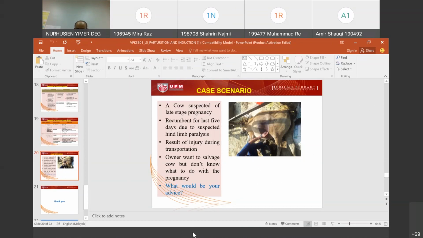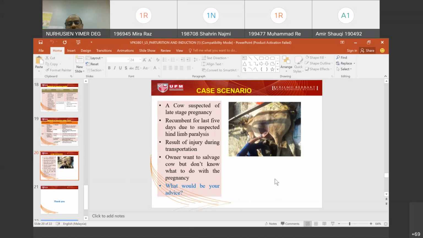It's not about just removing the fetus, right? You also need to judge whether, after you take out the fetus, it will be able to survive or not.